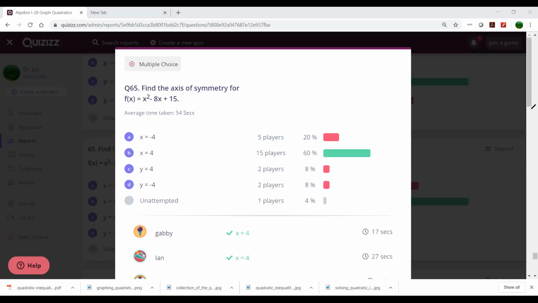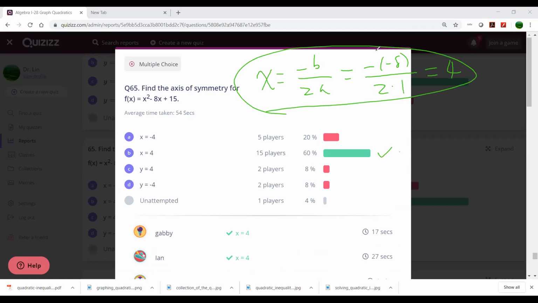So find the axis of symmetry. Oh, we just talked about it, right? So x equals negative b over 2a. That's it. So b is negative 8, a is 1, right? So x equals 4. We have the equation we just talked about. Also, you can say (x minus 4) squared, you finish the complete square, so minus 1, right?